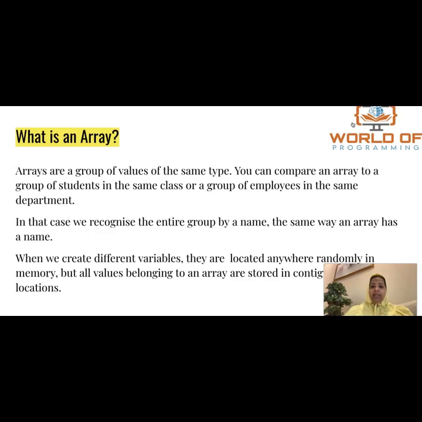Now in an array, the group of values would be stored in contiguous memory locations. What do we mean by contiguous memory locations? It means that if I am creating an array of size 10, which is supposed to be holding whole numbers or integers, then the total memory block which will be assigned would be the block required to store 10 integers.